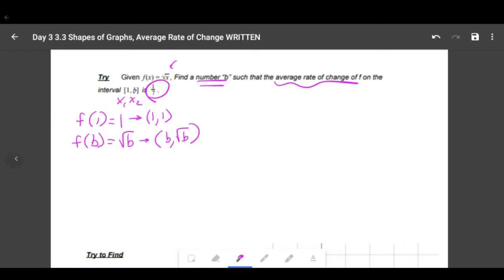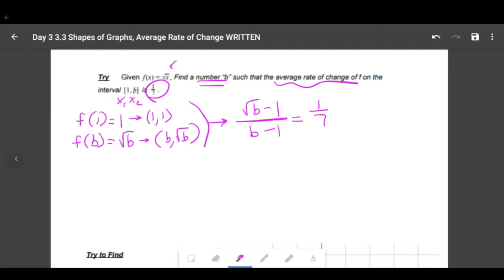All right. So using the average rate of change, that just tells us to take y2 minus y1 over x2 minus x1. Here typically we didn't know what it was, but in this case they told us it's 1/7. So let's just plug it into the equation, right? So all I'm doing is taking all this and plugging it in there. All right. So now all I have to do is some algebra to solve this.